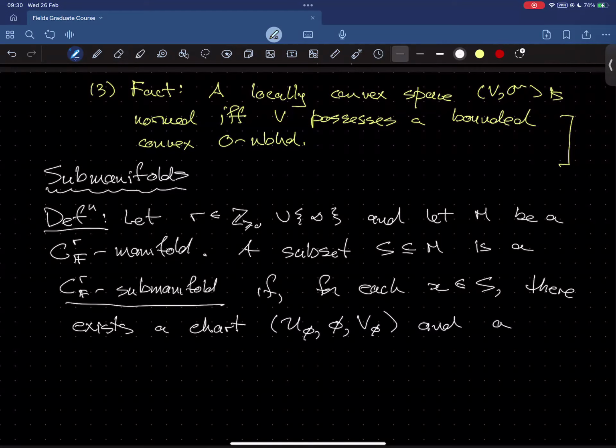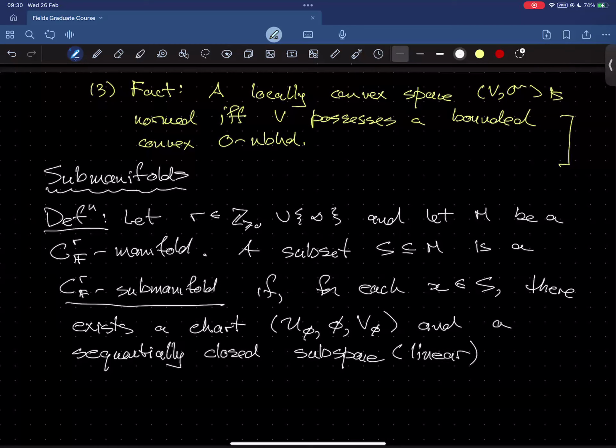A sequentially closed subspace, and we'll talk about why we need sequentially closed. When I say subspace, in topology people very often talk about subspaces, and in topology, when you say subspace, you mean subset.